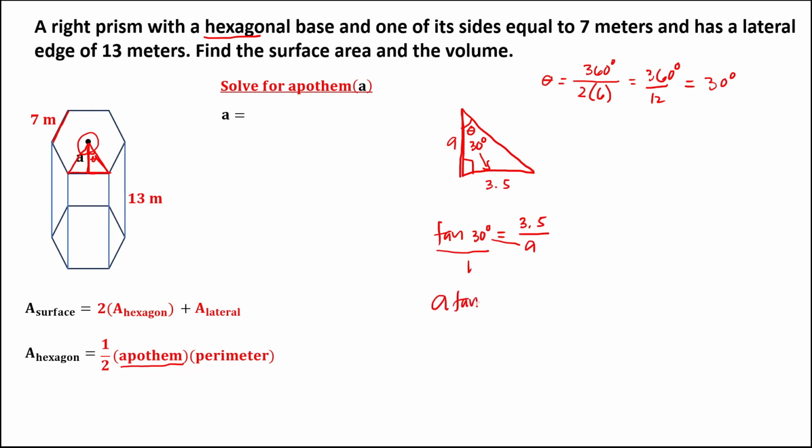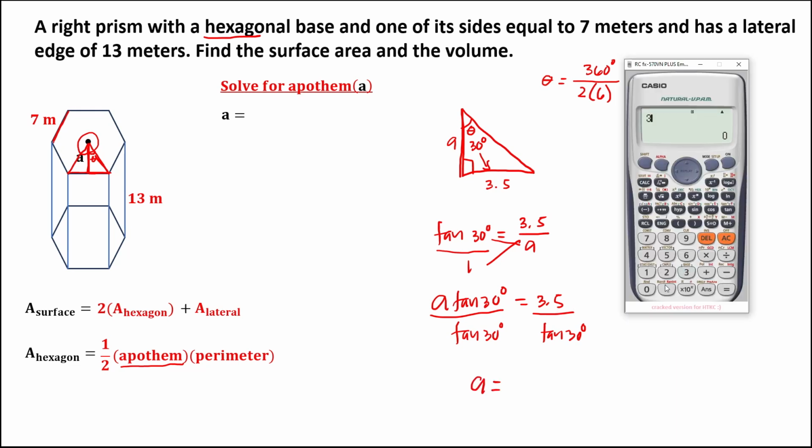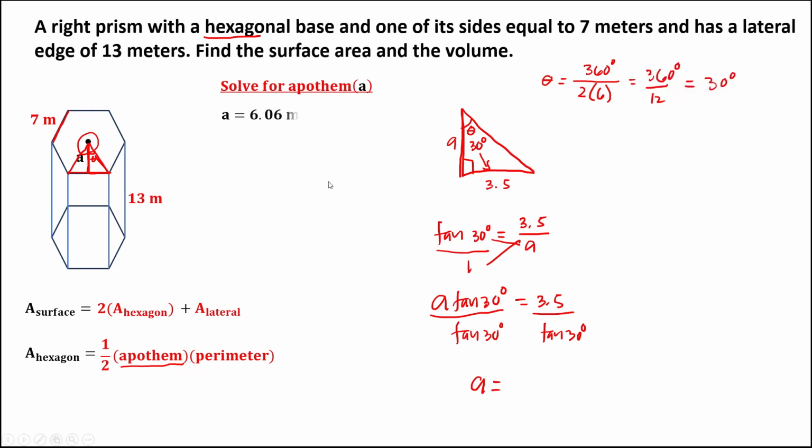So a times tangent 30 degrees equals 3.5. Then divide both sides by tangent 30 degrees. So a equals 3.5 divided by tangent 30 degrees. So the apothem is equal to 6.06 meters.